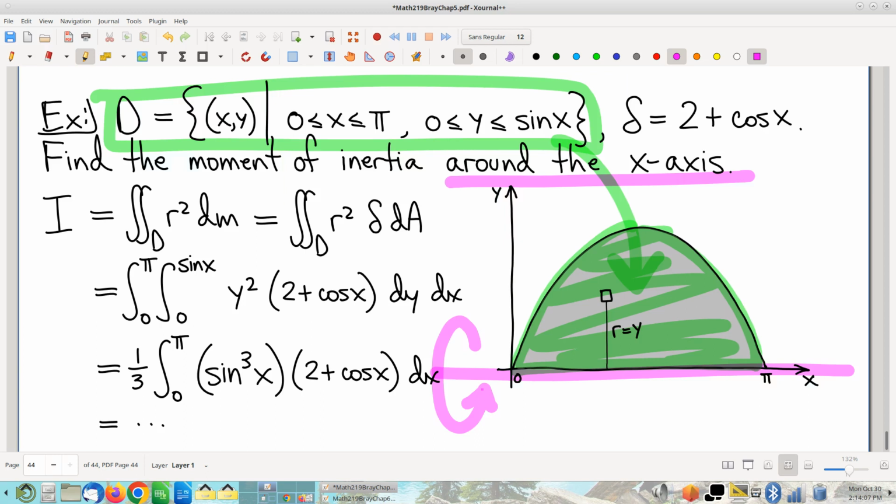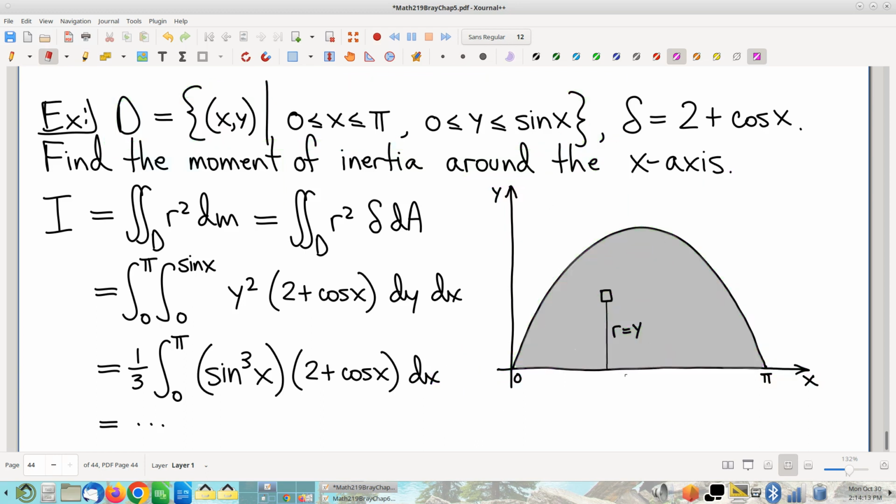All right, so let's compute that moment of inertia. So, we have a formula: integral r squared dm. Notice I write that down immediately. It's always that. And then you just have to figure out from the context, what are these things? The r, what is that r?